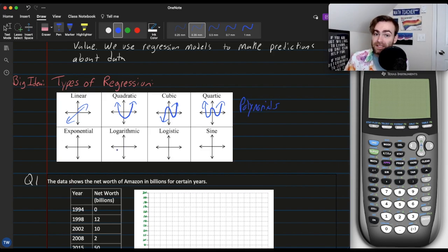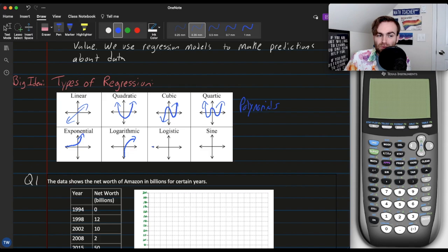The other ones we're not really going to see right now, but it's important to talk about them so you have an idea of what we're looking for and what we're comparing against. Exponential is where you start off small and then get really big really quickly. Logarithmic is kind of the opposite. It grows really fast to begin with and then still grows, but not as much. Logistic is weird.